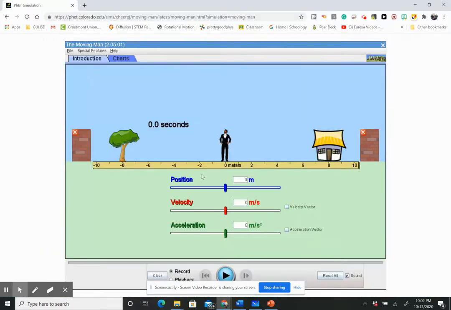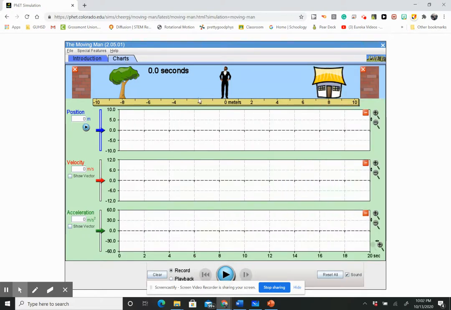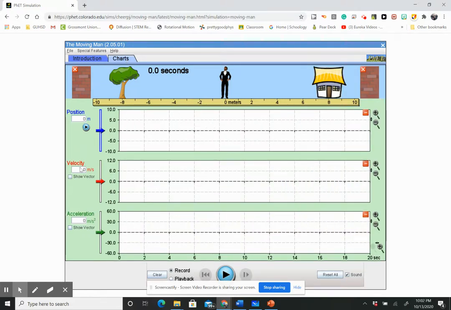When I look at my moving man, I want to go to my charts, and going to my charts is going to allow me to see the graphs. So for a constant positive velocity, let's say I change that to 3 meters per second.